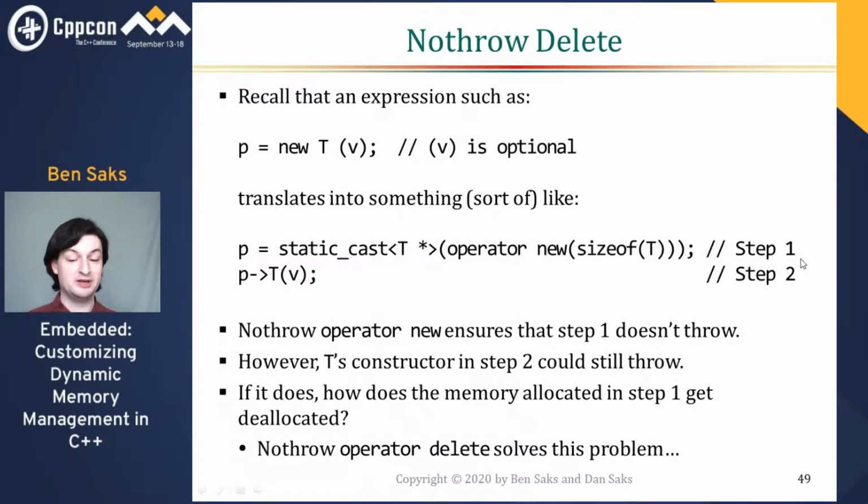Being out of memory doesn't cause us to throw an exception, it just returns a null pointer. Step two, on the other hand, a constructor could still fail by throwing exceptions. If that happens, there's this interesting problem, because we've just allocated memory here. This constructor throws, where do we get the chance to delete that memory and clean it up?